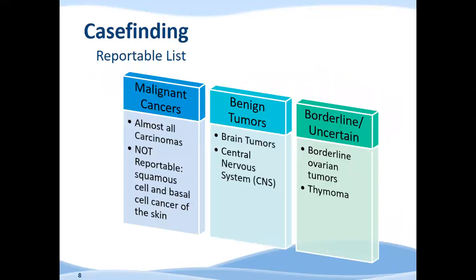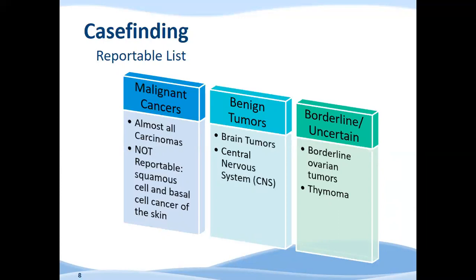Okay, those are not reportable. There are benign central nervous system tumors, including brain tumors, that are required by law to be reported. Okay, so we have malignant cases that aren't reportable, and then we have benign tumors that are required to be reported.